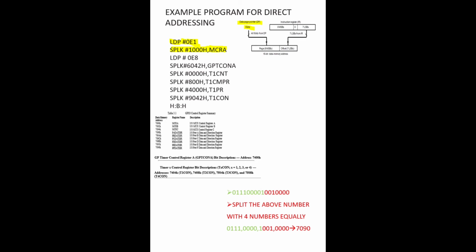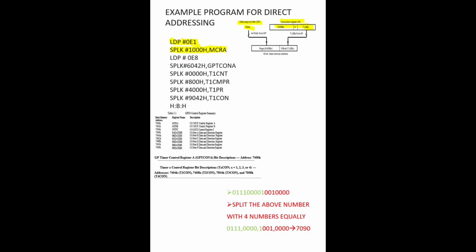the machine will convert this into machine language, because this is an assembly language. While converting this assembly language into machine language, the instruction register, because it will consist of this instruction SPLK 1000 MCRA, will frame a 16-bit value. In that, the final 7 bits will be available, and automatically will join with the user-given 0E1, that 9-bit.